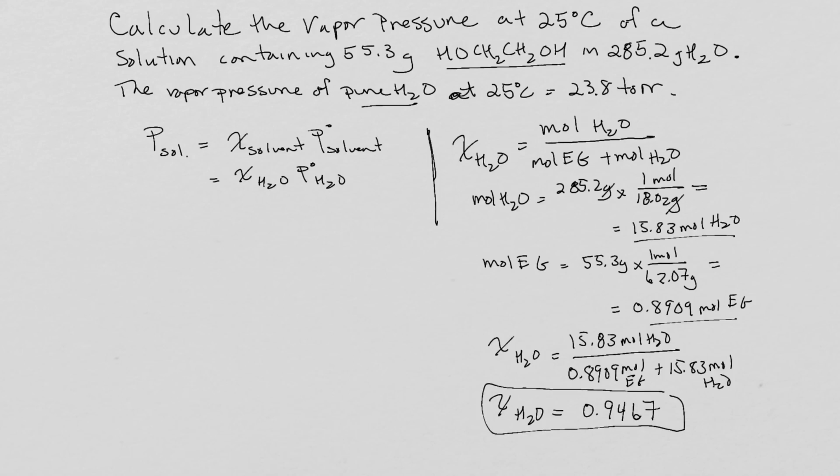So, as expected, our solution is mostly water, mostly solvent. If I come back up here and calculate the vapor pressure of the solution, we get 0.9467 times 23.8 torr, and you get 22.5 torr.